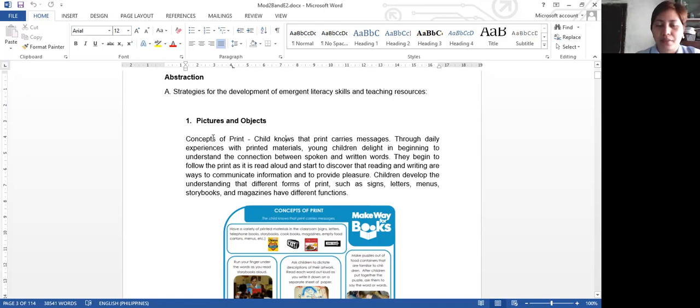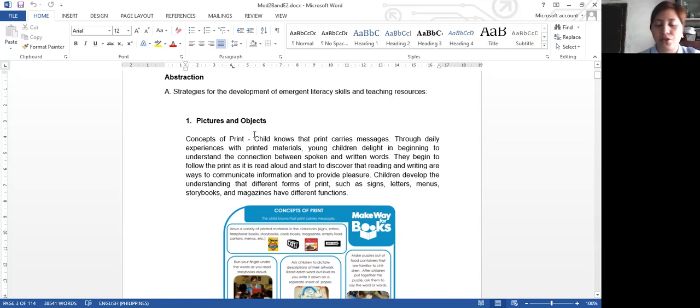These pictures and objects are very significant. For example, in industrial arts, by showing pictures of the tools to the emergent learners of industrial arts first year, it will help them to be familiarized with the different tools that they haven't seen yet, haven't touched, haven't encountered.